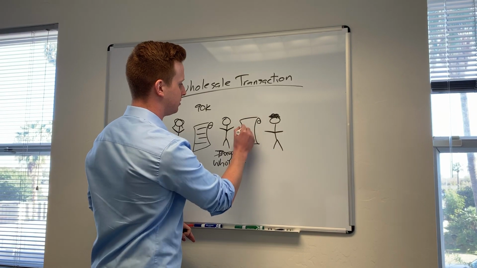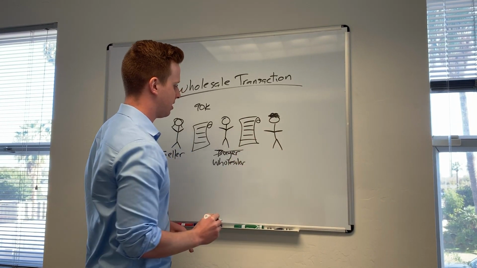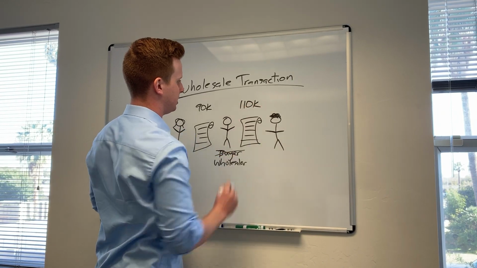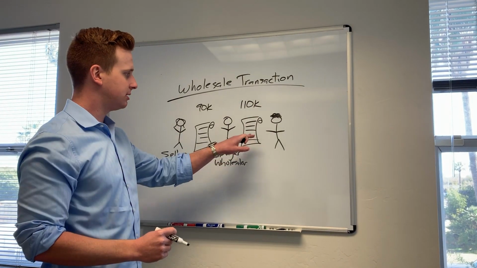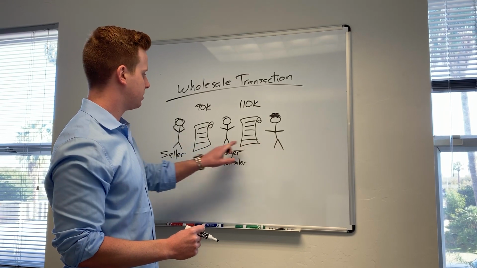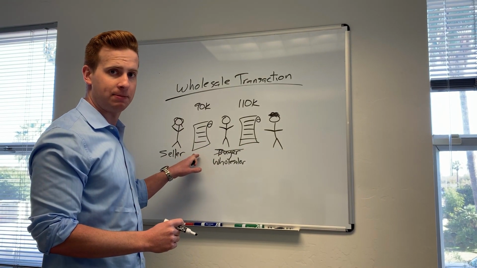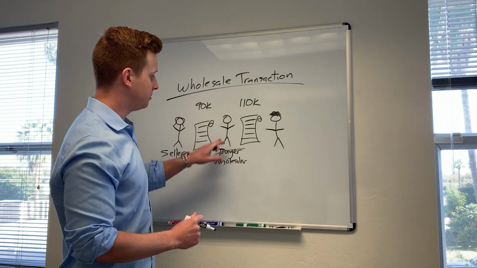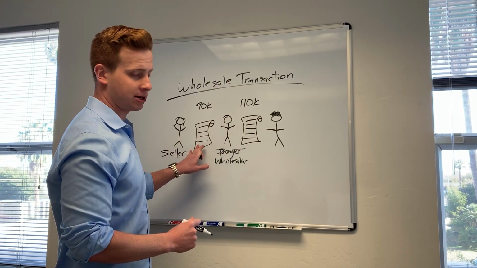So we're going to sign what's called an assignment with Ralph, for $110,000. What that assignment does is it says, Ralph, you are going to take our position as the buyer on this contract with the seller. So no longer are we even really on this contract.